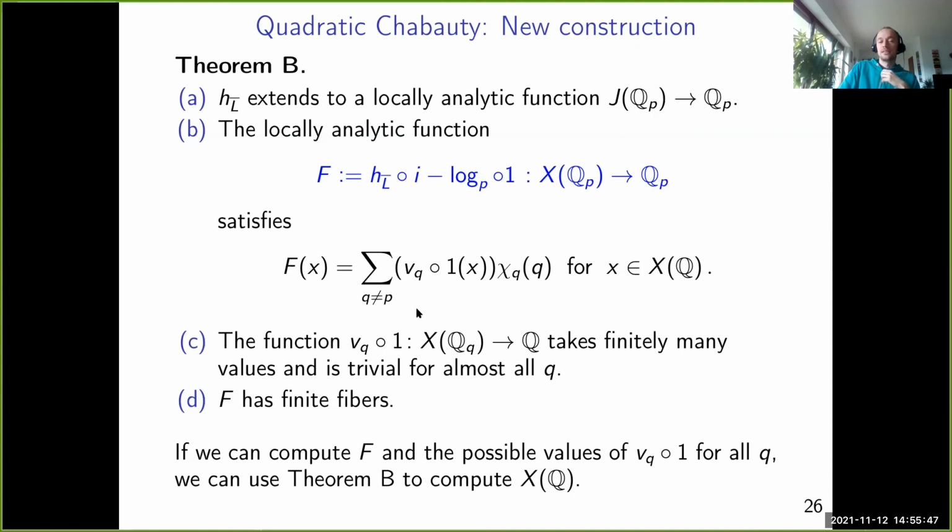That gives you a way to write down a finite set of p-adic points that must contain the rational points. And there are several methods to find the rational points precisely from that.